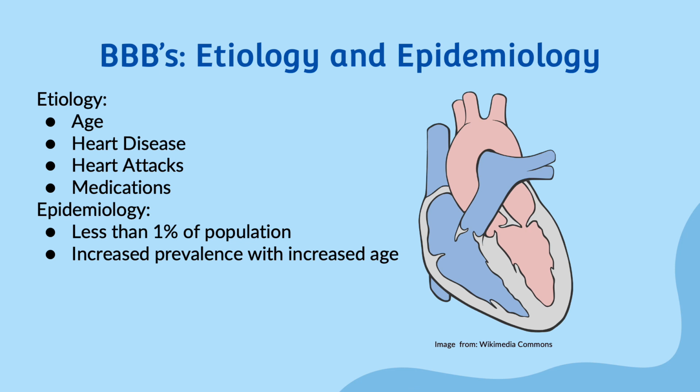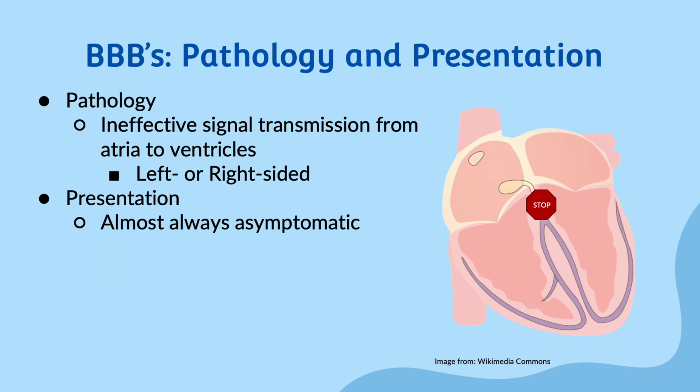Despite these things, the primary etiology of bundle branch blocks is stretching of the myocardium, as is seen in dilated cardiomyopathies. Significantly less than 1% of the general population has bundle branch blocks, but the prevalence increases with age.